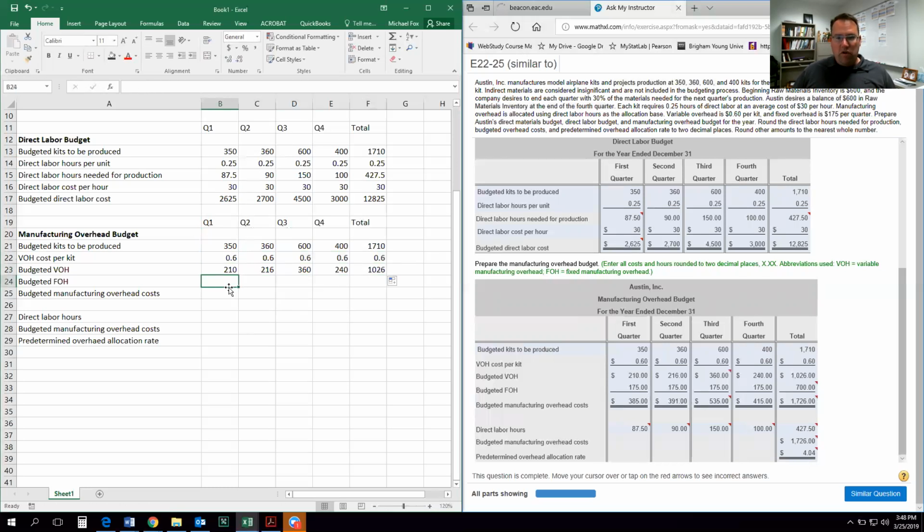Our budgeted fixed overhead, it tells us, is $175 per quarter. And that's the same all the way across. So for the whole year, it'd be the sum of each of the 4 quarters.